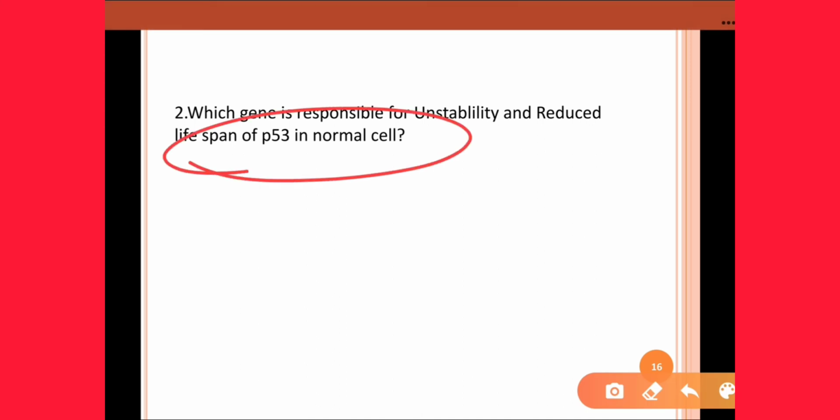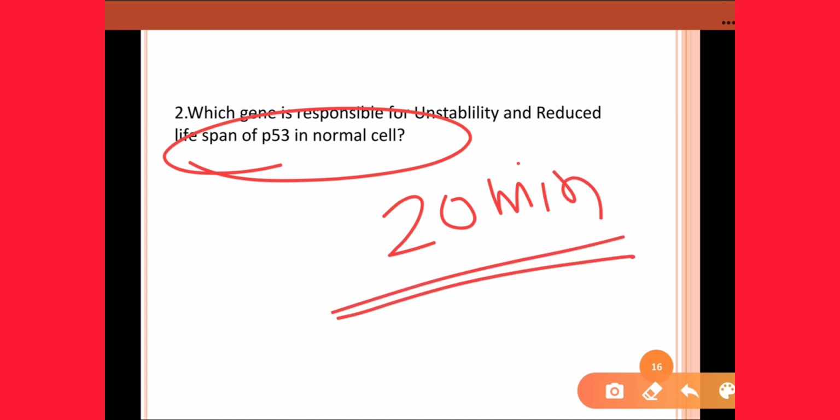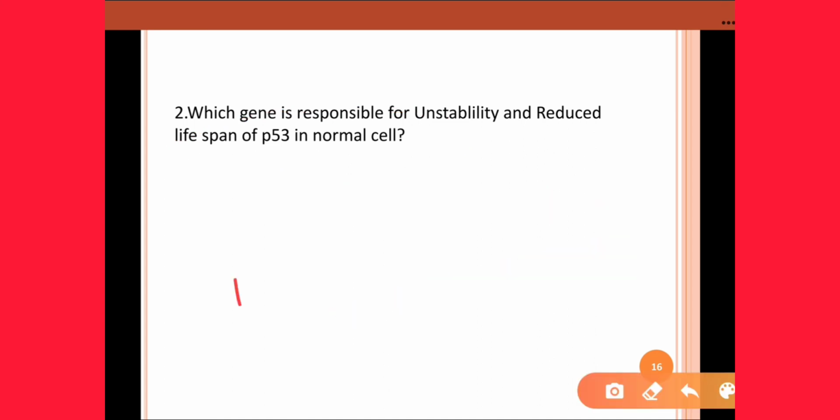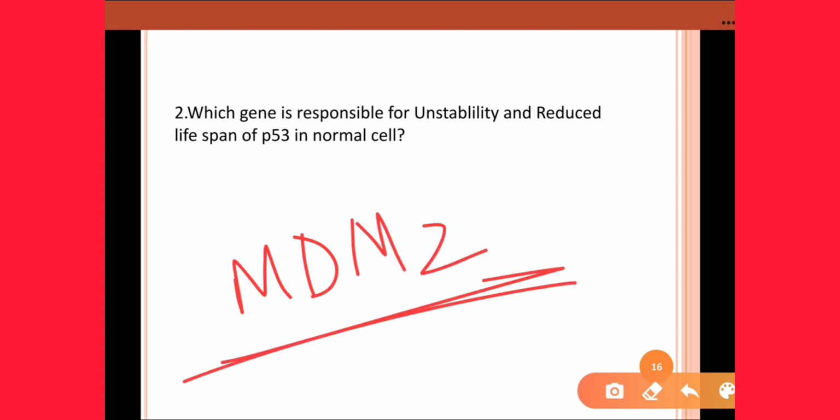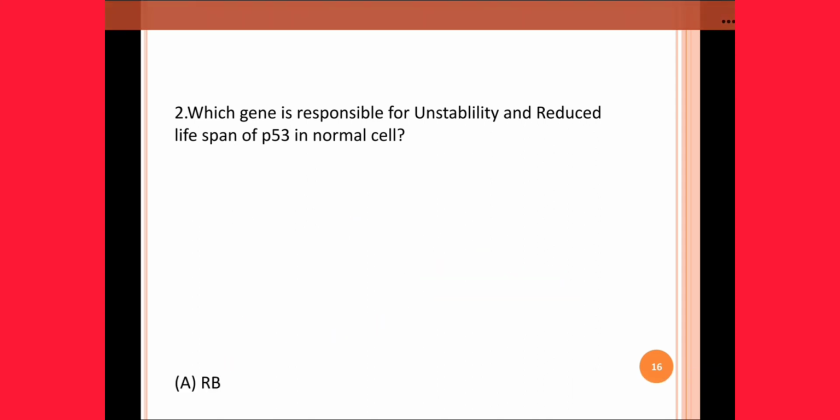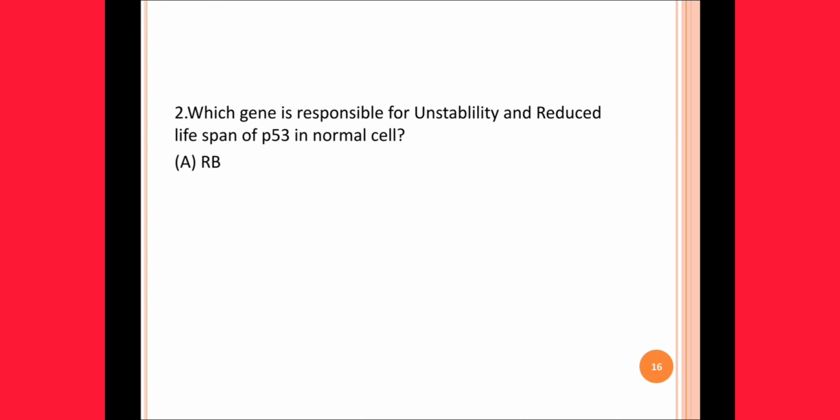Obviously, why is the P53 half-life very short, like 20 minutes in the normal cell? That is because it is unstable and degraded by one gene, that is MDM2. It attaches to P53 and it will degrade the P53. That's why the instability and reduced lifespan of P53 is because of the MDM2 gene. So your answer will be MDM2.